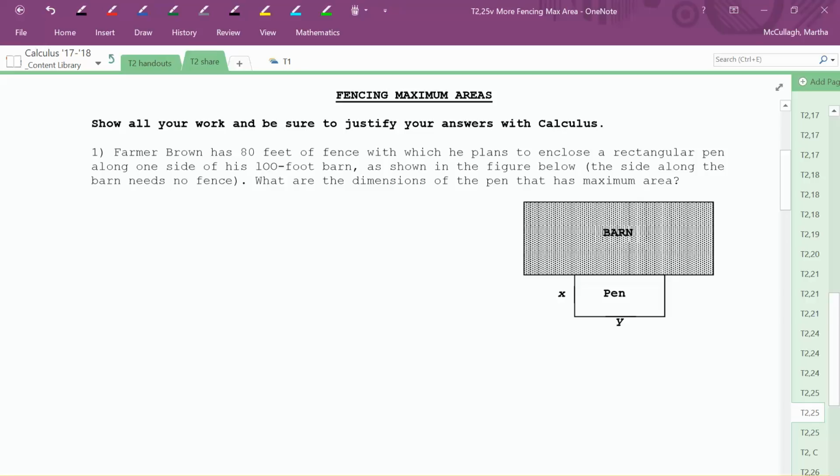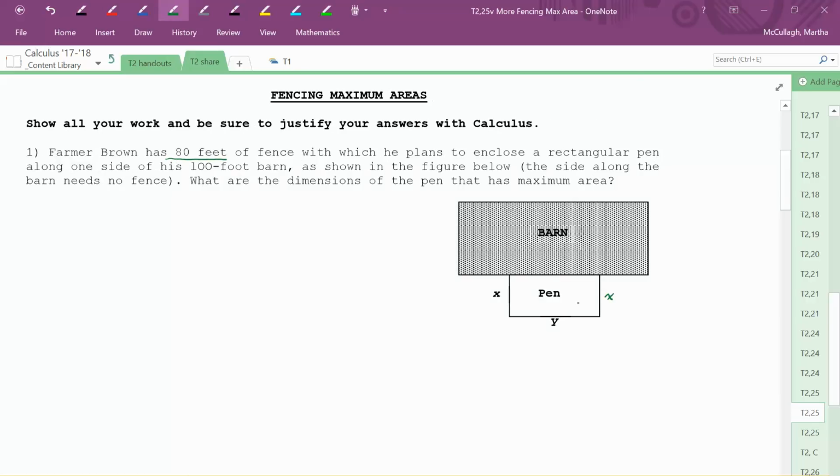Okay, so a couple things to consider going back into the problem itself. We said he has 80 feet of fence. So with that 80 feet of fence, he has to enclose 2 x's, 2 sides and a length.